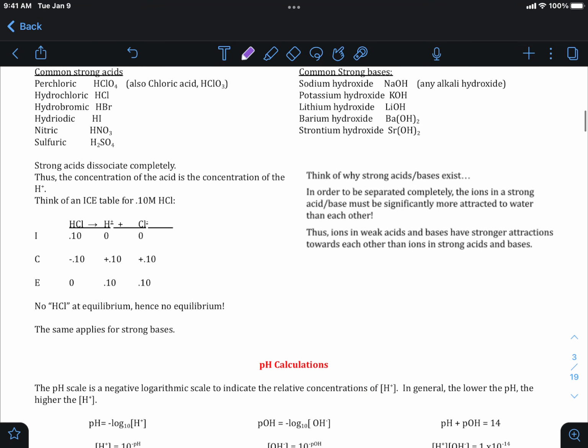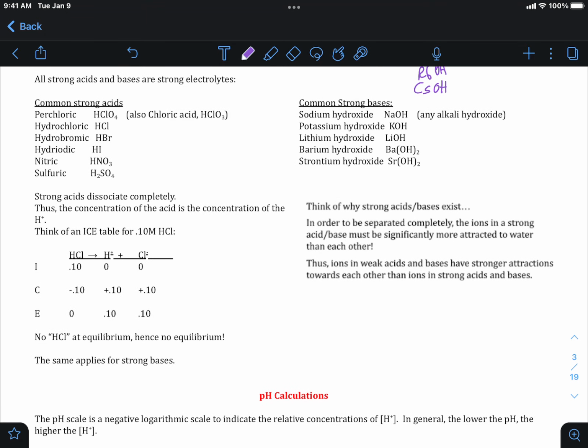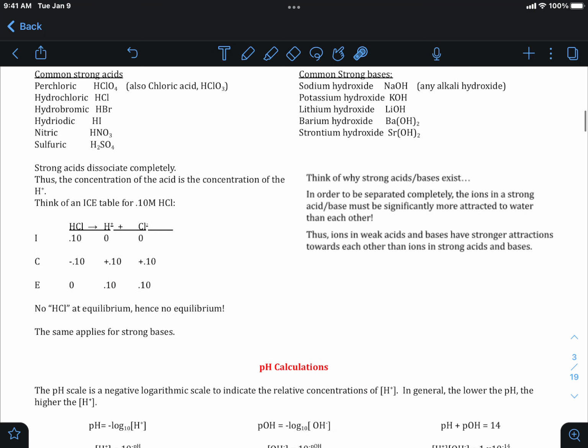So we've talked about a lot of this a little bit out of order. But basically, for a strong acid, if you wrote a nice table for it, you would see that whatever the initial concentration of the acid would all become the concentration of H+. There's no equilibrium, and that's how you know it's a strong acid.